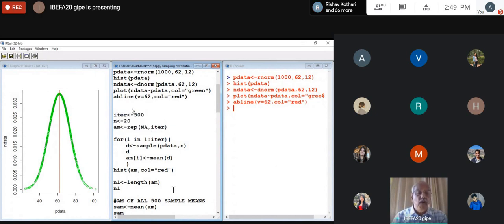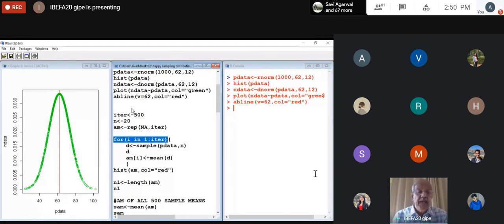So NA means not available other than arithmetic mean. Loop for syntax: I in 1 to ITER. That means 1 to 500. Could you please repeat this whole loop process? Yes. Loop starts now for selection and computation.